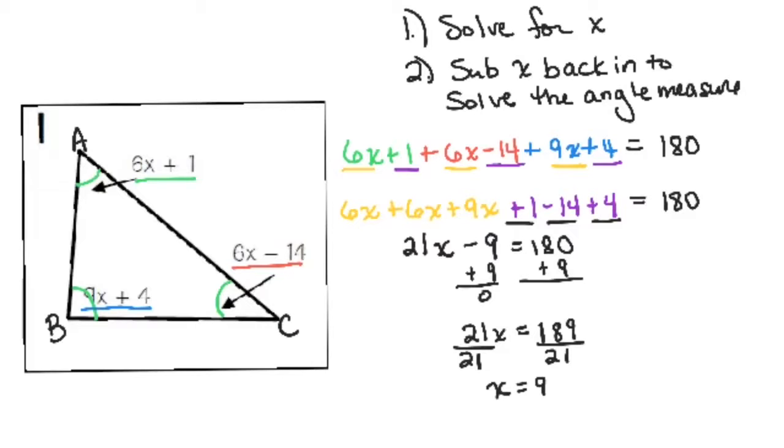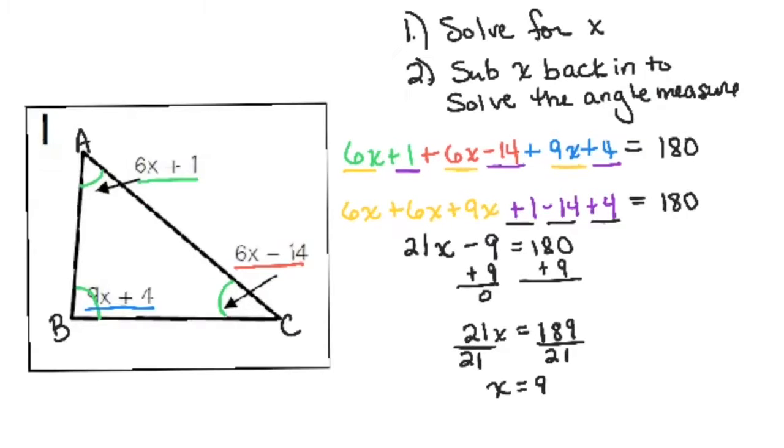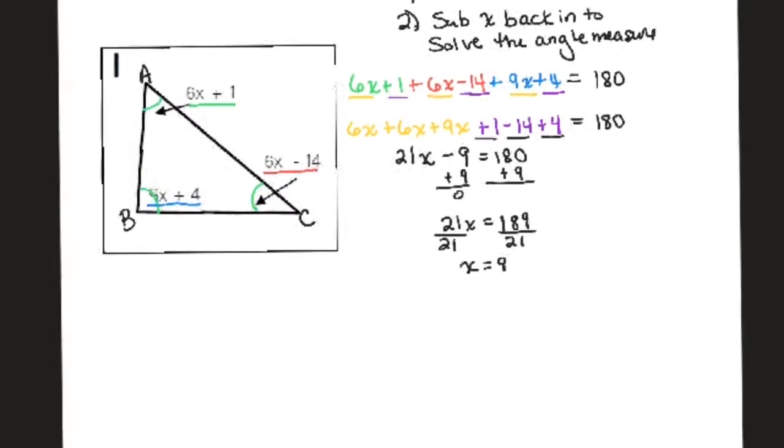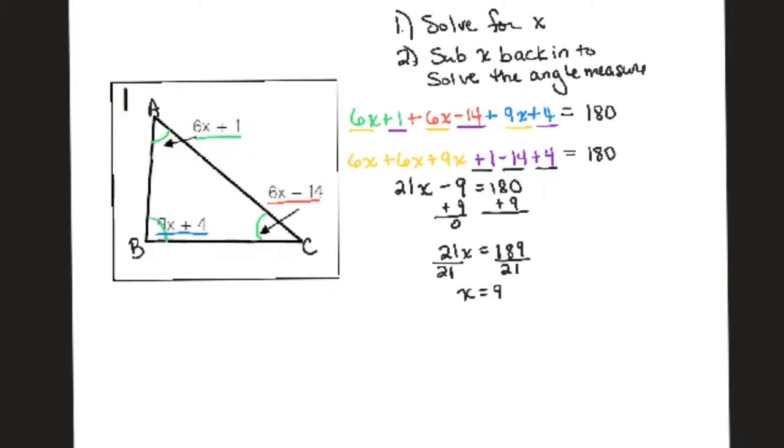So are we done? Oh, no, of course not. It's 8th grade math. These problems are much longer. So that was just step 1, right? Solve for x. Step 2 is to sub x back in to solve for the angle measures. So the first one was 6x plus 1. That was angle A. So I need to sub in 6 times 9, which is what x is.